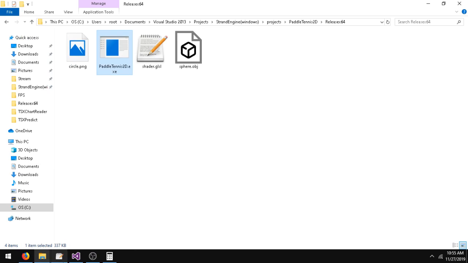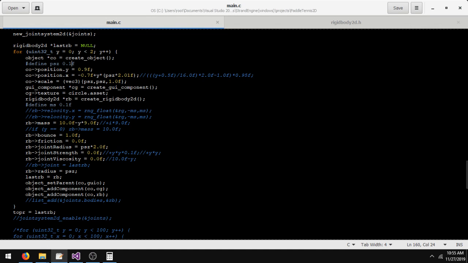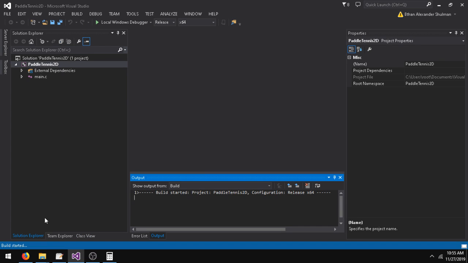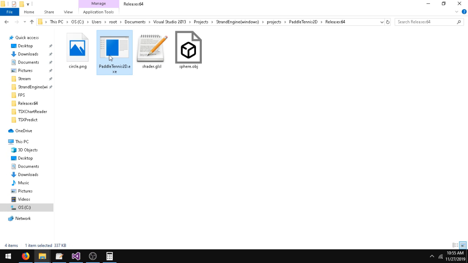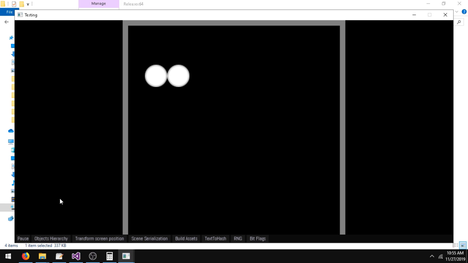Oops. They're stuck in the ceiling. Alright, so I gave this super light one all the velocity.